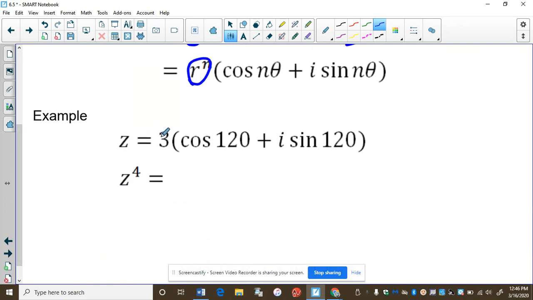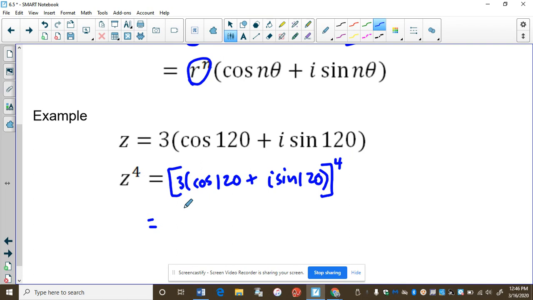Suppose I have a complex number that has a modulus of 3 and an argument of 120, and I want to raise that complex number to the third power. So that would essentially be taking this entire number and raising it to the fourth power.